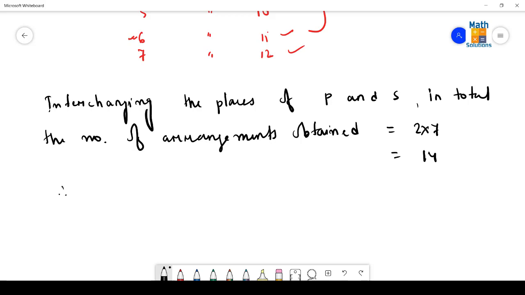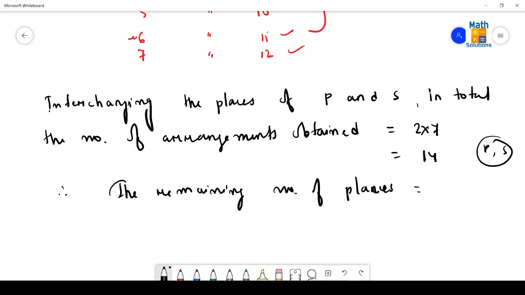Remaining number of places. Why did I write this? Because it is very clear that the positions for P and S are already fixed.